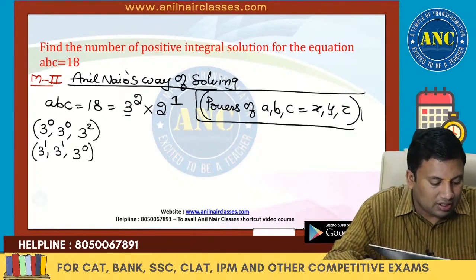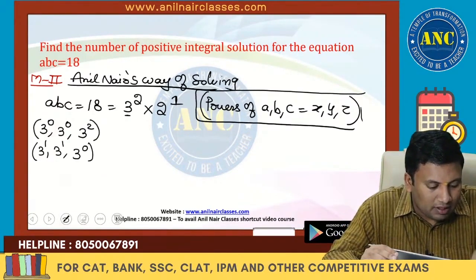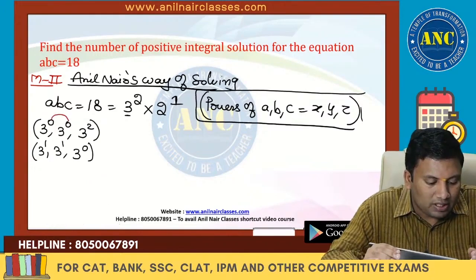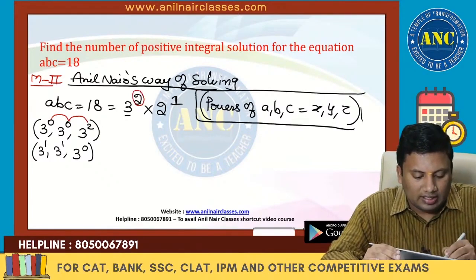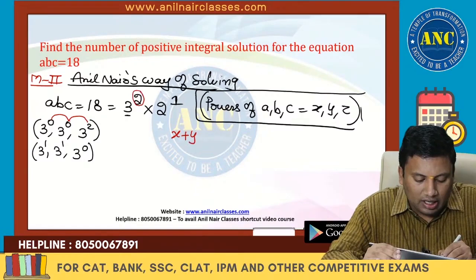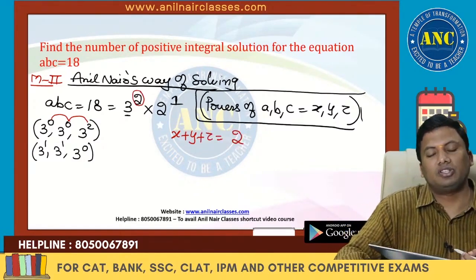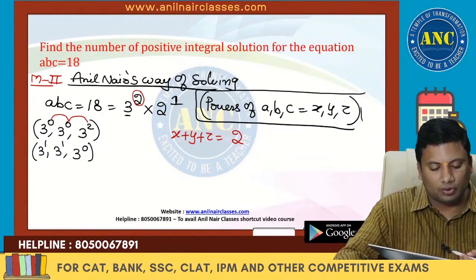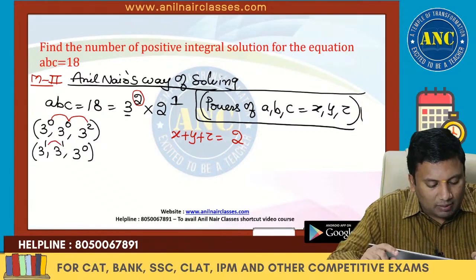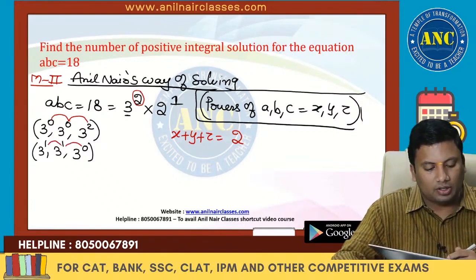Now, first thing, if you observe, the sum of the powers 0 plus 0 plus 2 should be equivalent to 2. Can I say that the sum of the powers x plus y plus z should be equivalent to the power of the prime base, which is 2?